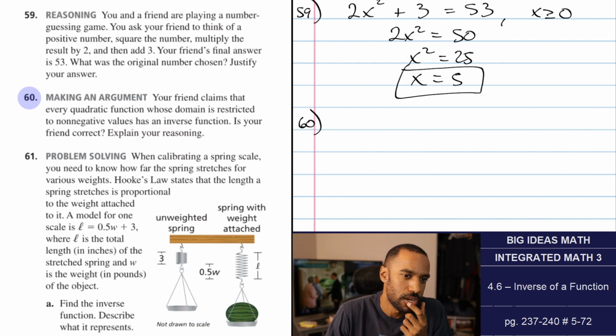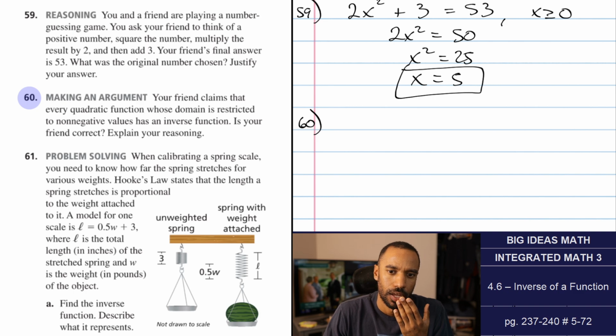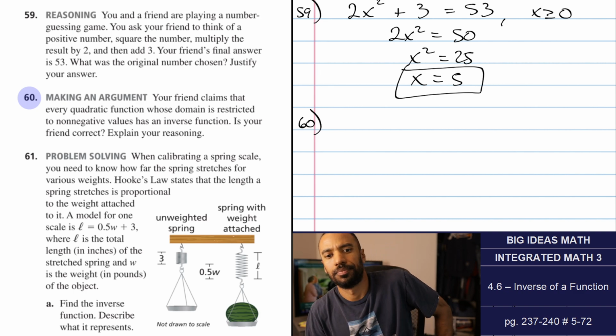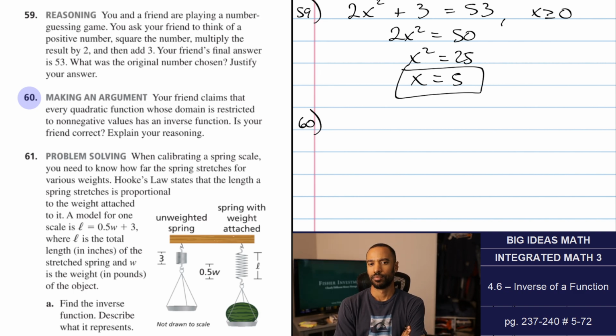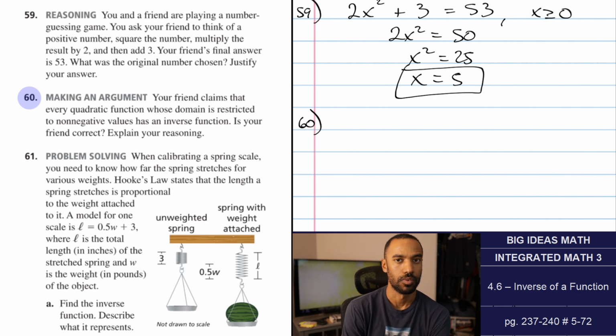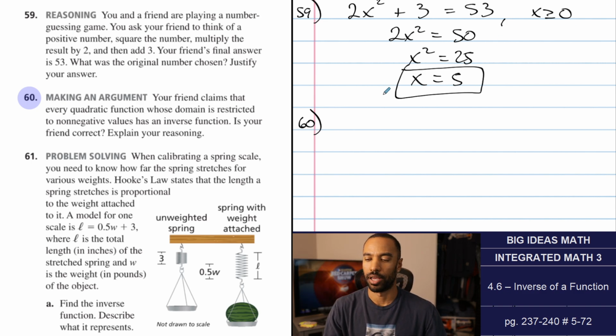I think no. Every quadratic whose domain is restricted to non-negative values. No. No.